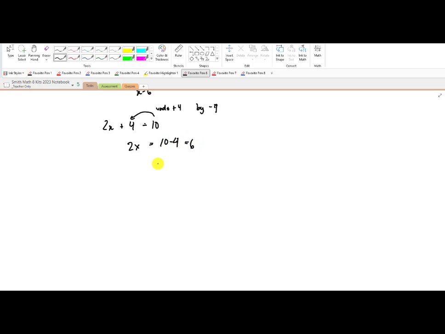That's 6. So now I have a new equation. It's 2x equals 6. And now I can undo the times 2 by dividing by 2. So if I go 6 divided by 2, I get x is equal to 3. So that's this idea of undoing. That's one way to explain how to solve an equation.